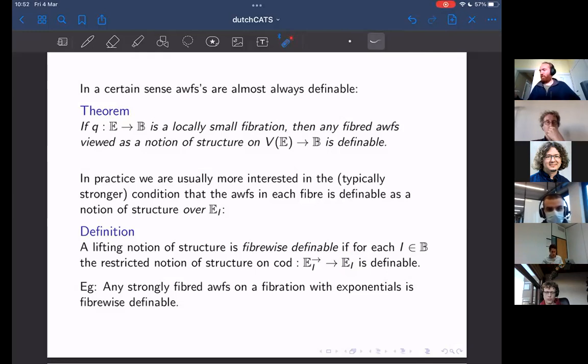This is harder to do, but there are examples where this holds. For example, any strongly fibered algebraic refactorization system under certain conditions will be fiber-wise definable in this sense.